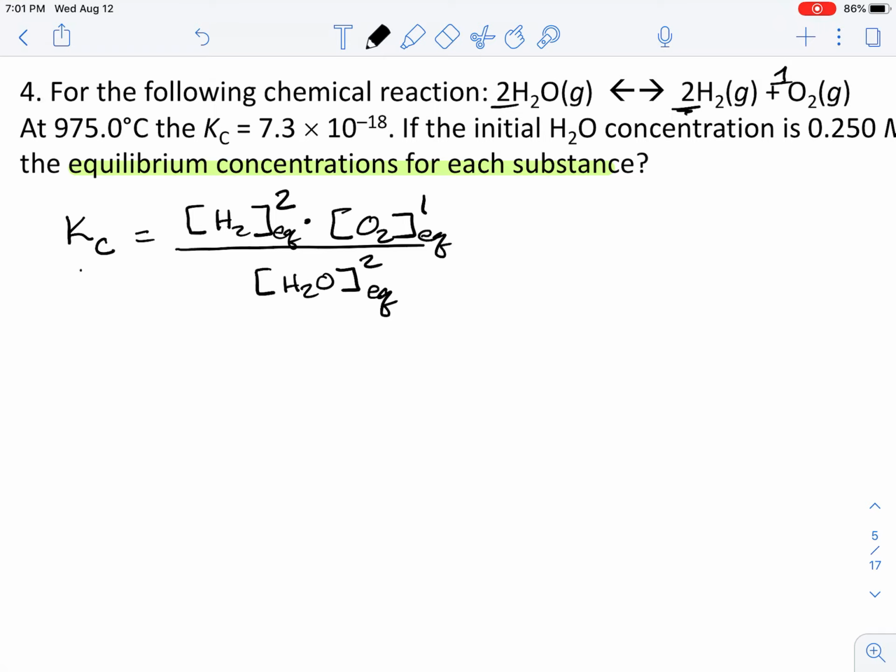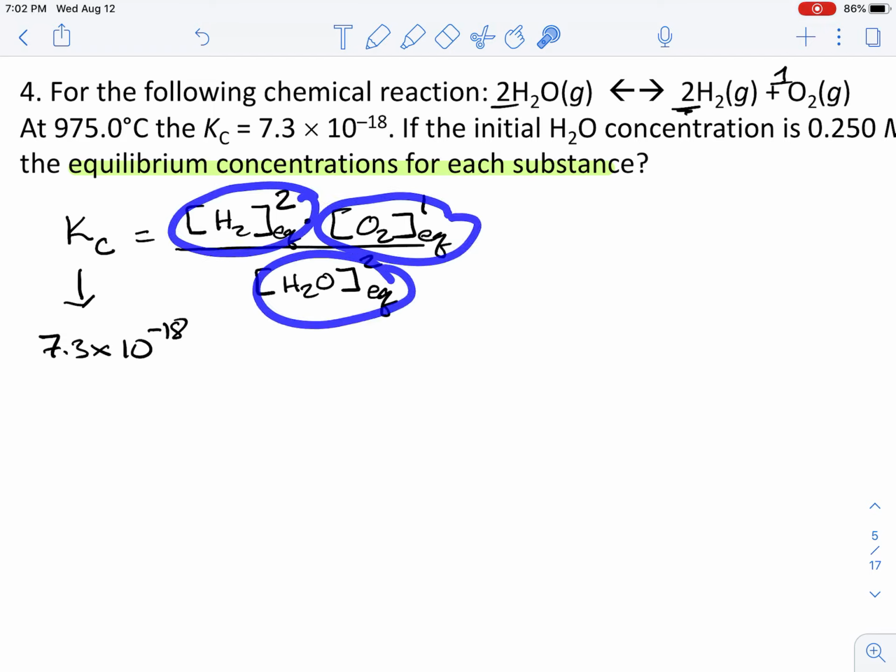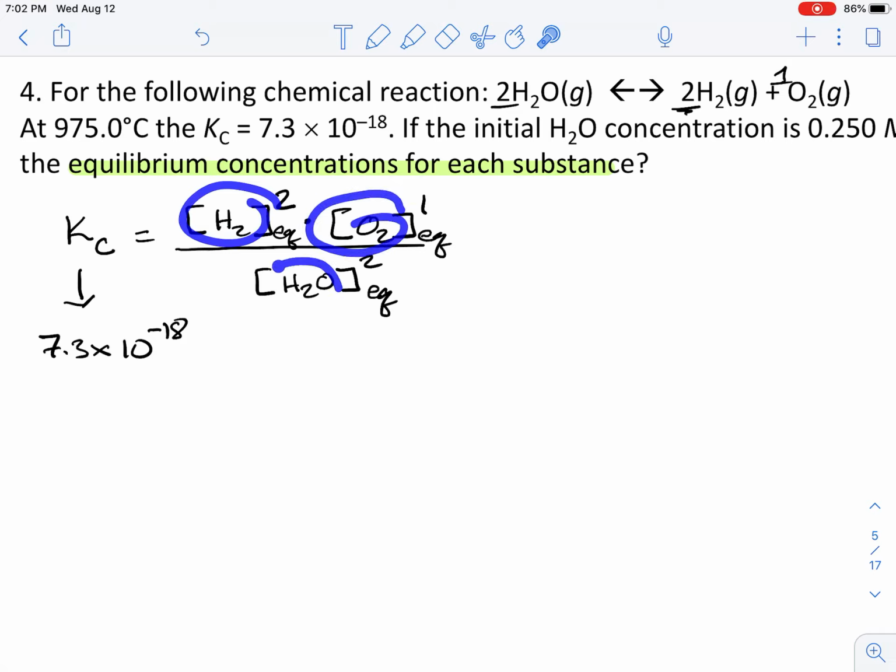The only thing the problem gave me is that Kc is 7.3 times 10 to the negative 18 power. However, the problem did not state any of the equilibrium concentrations, so we need some type of mathematical expression that will help us define what the equilibrium concentration of these substances are.